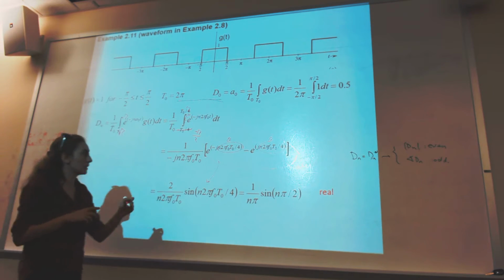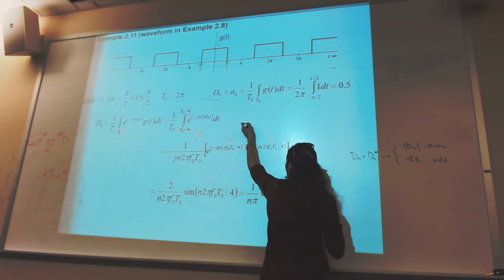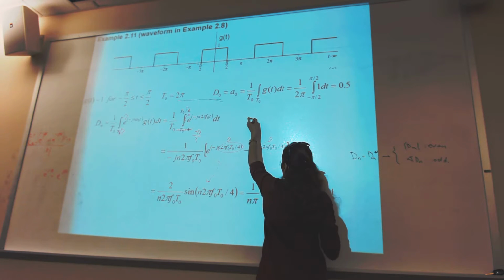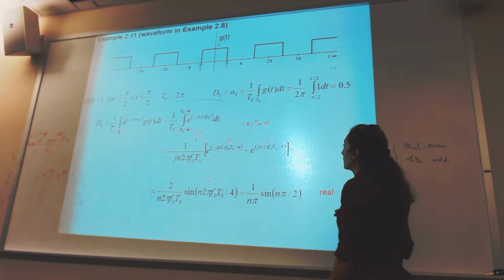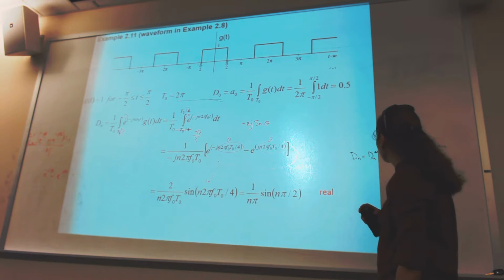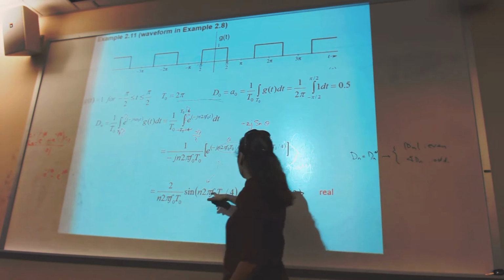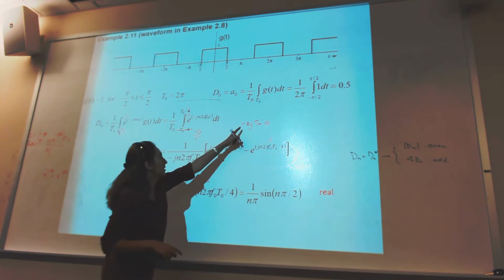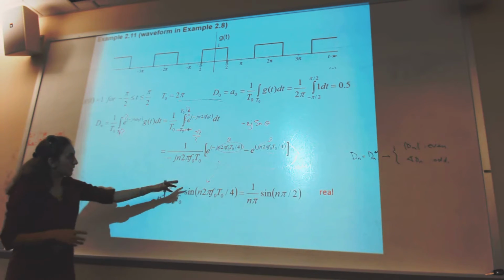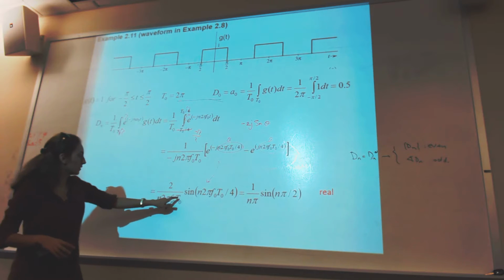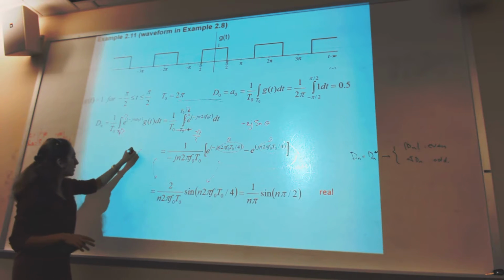So please check this at home. I am claiming this is equal to 2j sine of theta. That's how you get here. And then the j and j cancel each other out. Simplify it and you get the sine. Again, please double check this.